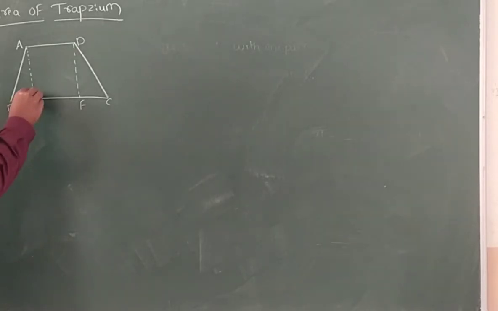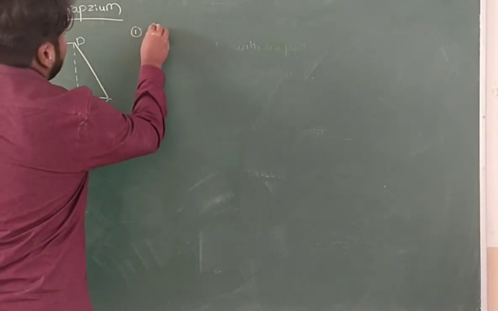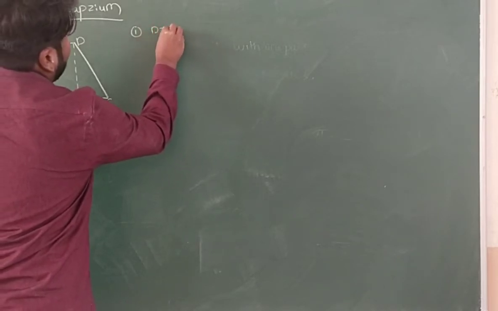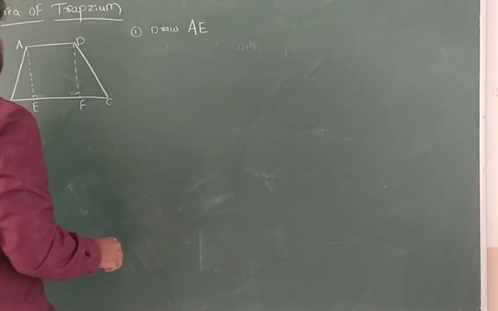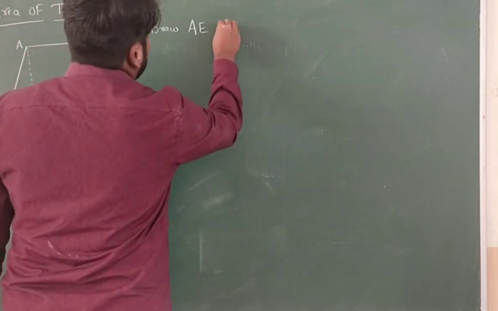So this is 90 degree, this is also 90 degree. Just for understanding, I am drawing the area of trapezium I need to find. So see here, first condition to find the area of trapezium, draw AE perpendicular on BC.